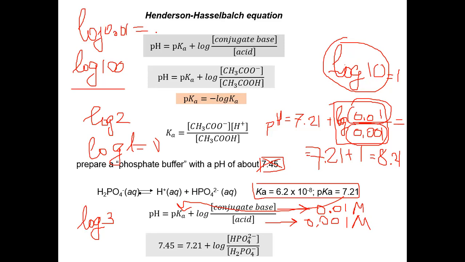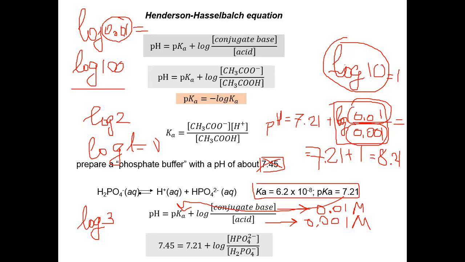Do you know why? Can you write this one in a different way? It's not -3.